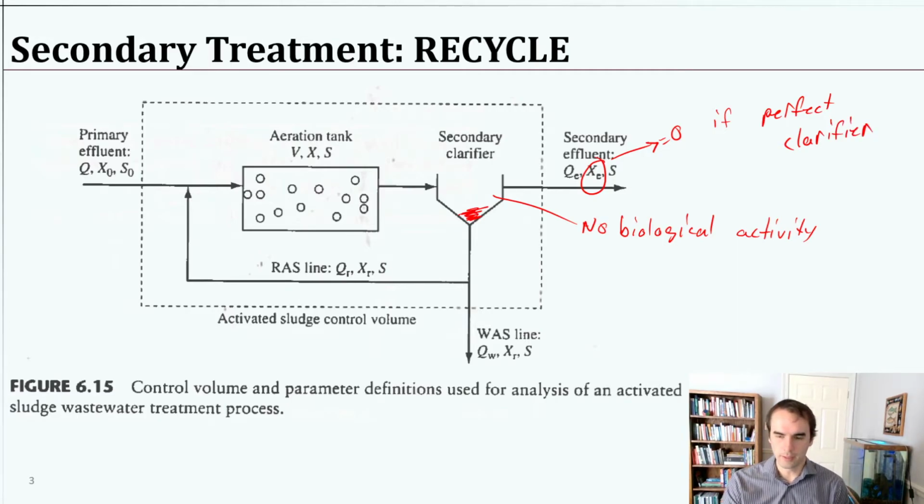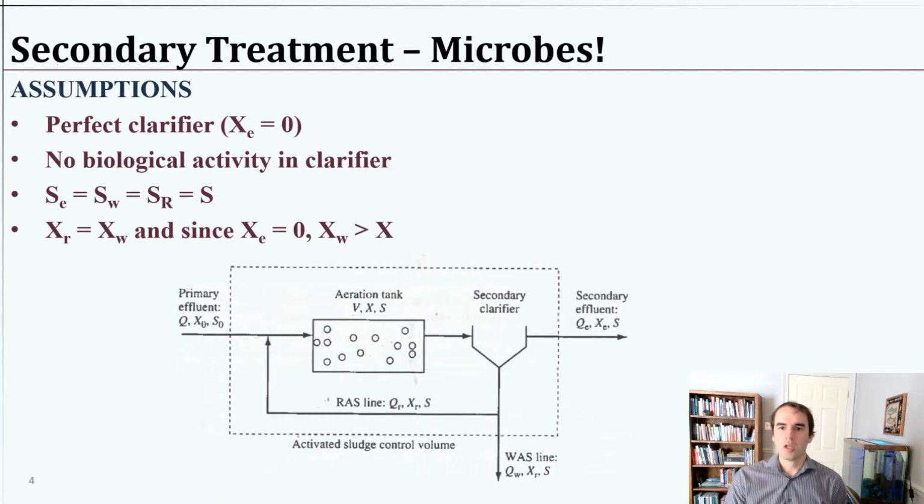Okay, and I think I've got a slide that kind of details this, yeah. So our assumptions, perfect clarifier means that XE is 0. That is very helpful because then our mass balance on the microbes is that they all go down the waste line. Well, then they split between the recycle and the waste, right?